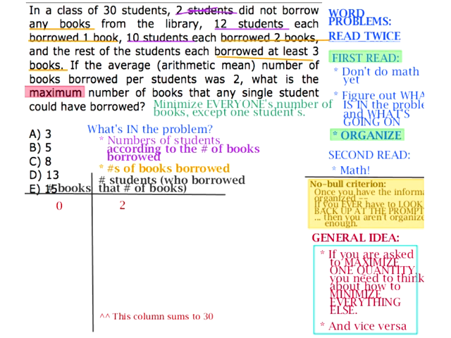So let me add another column to the chart. People do that with spreadsheets all the time. Once you've made your spreadsheet, it doesn't have to be sacrosanct. So, total number of books for this group.